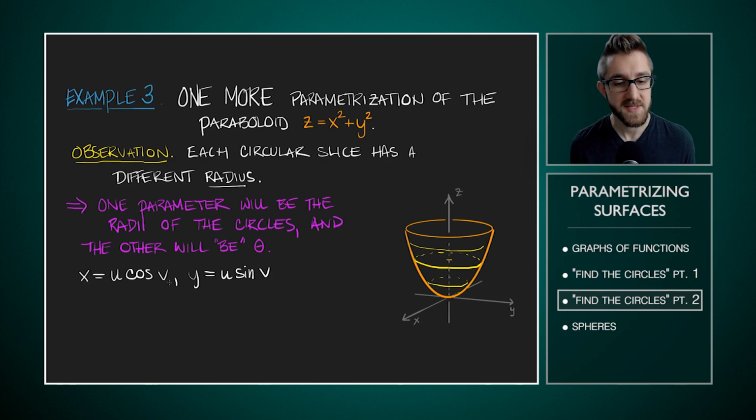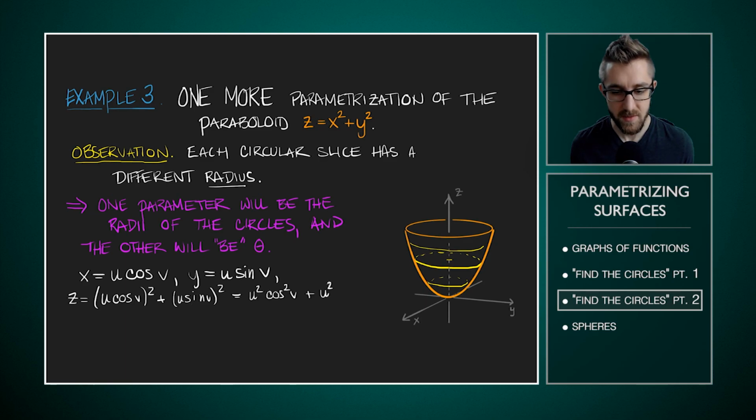Then to figure out what z is, we can just go back to our equation, and now that we know what x and y are, sort of like we did for the first example, we can just plug in x and y in terms of u and v and figure out what z is. So z will be x squared plus y squared, and so x is u cosine v, y is u sine v, and then we can simplify this a little bit by writing it as u squared cosine squared v plus u squared sine squared v.